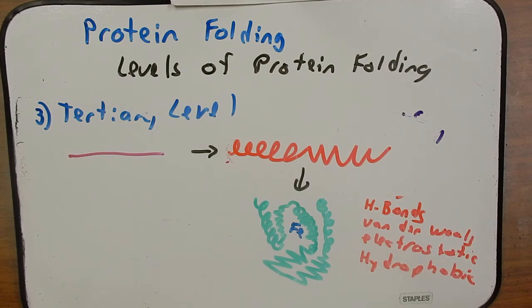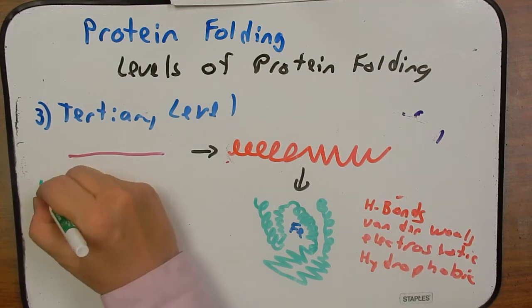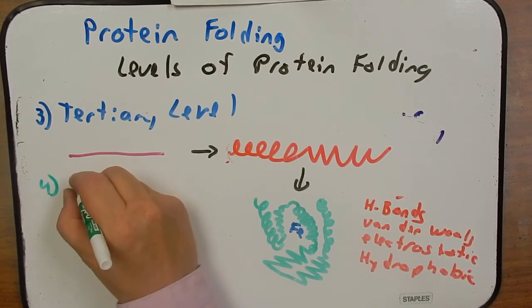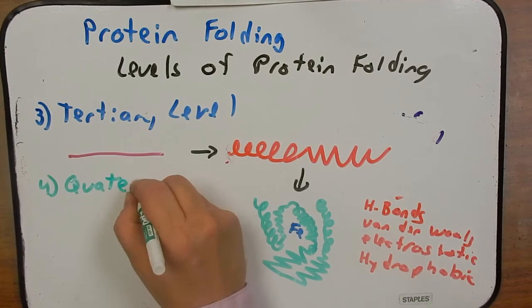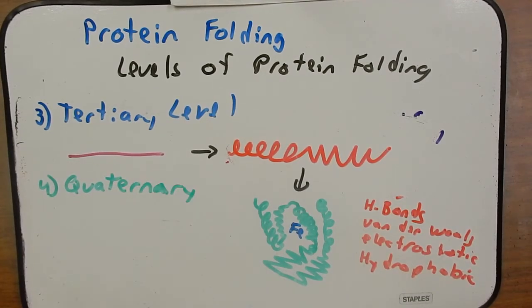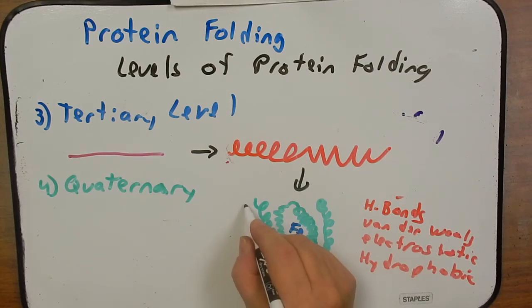The last level here that I want to talk about is the quaternary structure. And what this is, is when you have one tertiary structure like this one here, or we might call it a subunit, which would be a better term, interacts with another subunit over here.